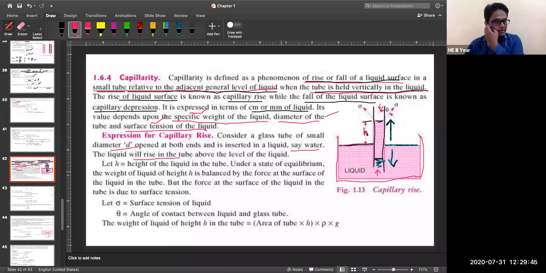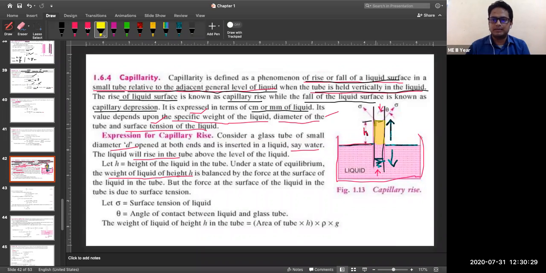Under the state of equilibrium, let h be the height of the liquid in the tube. The weight of liquid of height h is balanced by the force at the surface of liquid in the tube. We all know that at this free surface there will be surface tension, and due to that there will be some force acting, whose magnitude will be equal to the weight of liquid present in the tube up to the capillary rise.